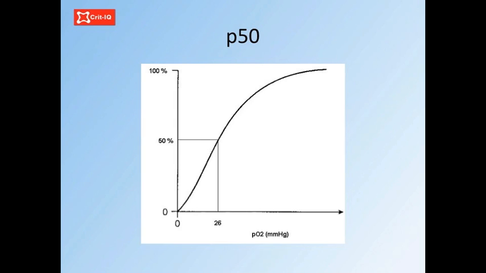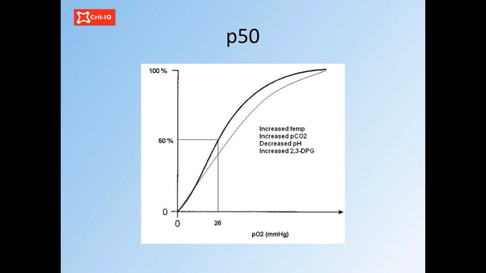The P50 is a partial pressure of oxygen at which 50% of the haemoglobin in the sample is saturated. It is thus a measure of the position of the oxygen-haemoglobin dissociation curve. The curve can be shifted to the right by increased temperature, increased partial pressure of carbon dioxide, and decreased pH.